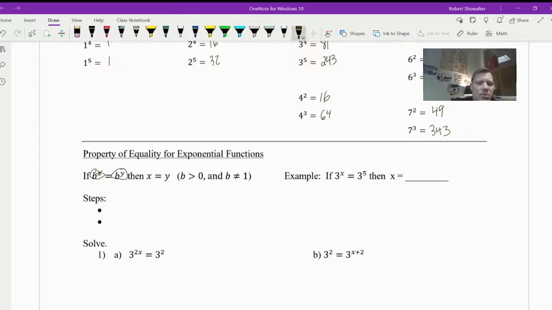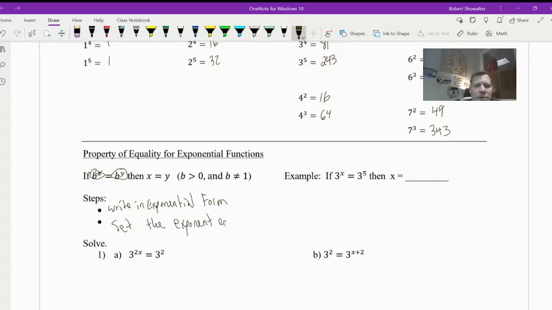So in order to solve these equations, we're going to write in exponential form and then set the exponents equal to each other.